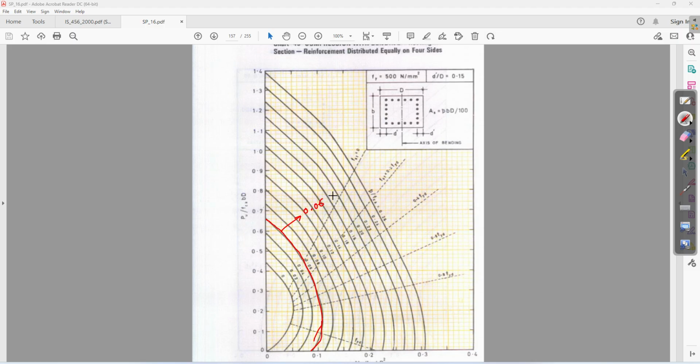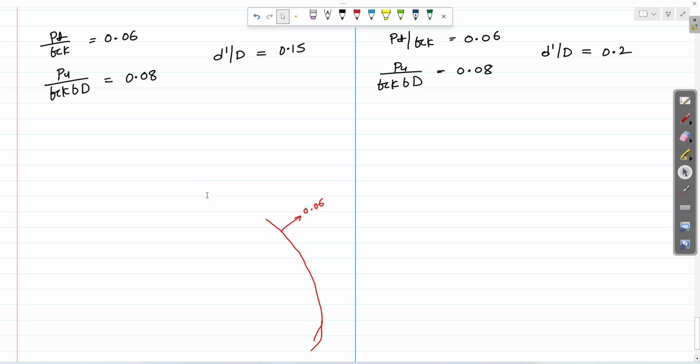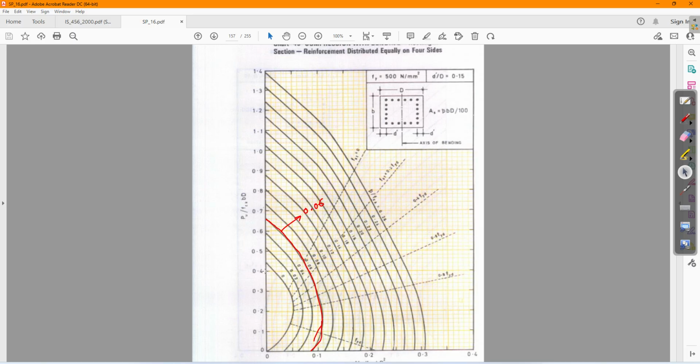And you know the value of PU by FCKBD, 0.08. So this axis, y axis, PU by FCKBD. So it is 0.08. So somewhere here. Okay.